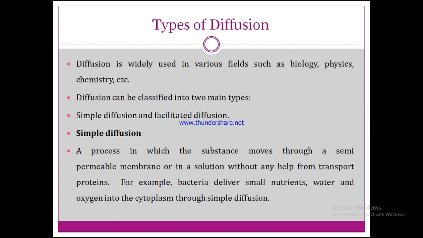Simple diffusion is a process in which the substance moves through a semi-permeable membrane or in a solution without any help from a transport protein. For example, bacteria take in small nutrients, water and oxygen into the cytoplasm through simple diffusion.